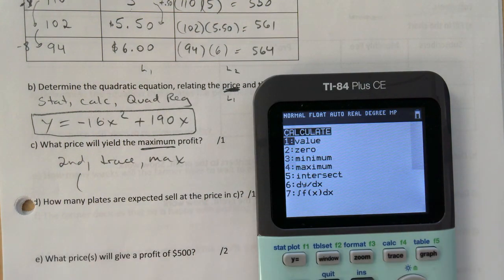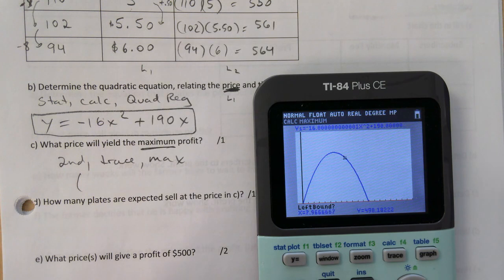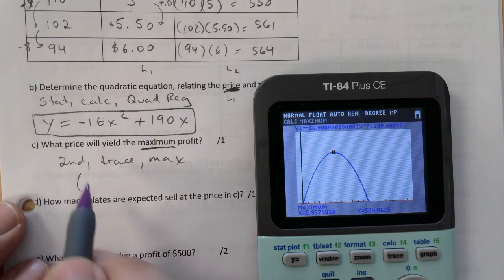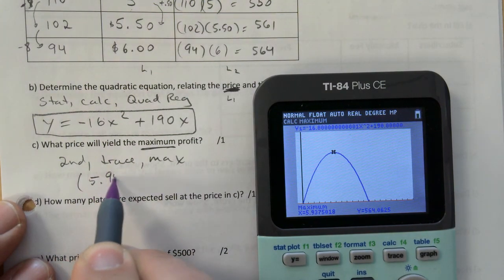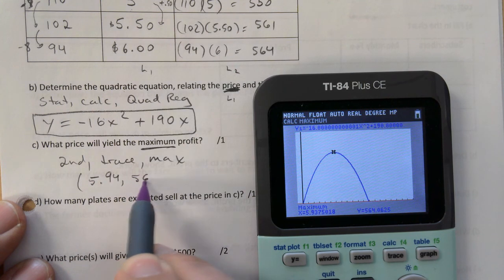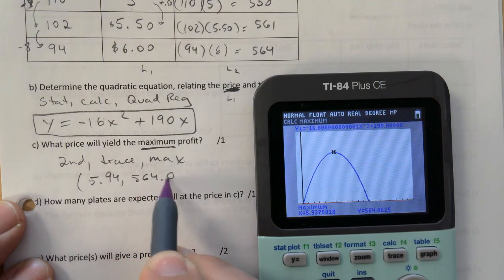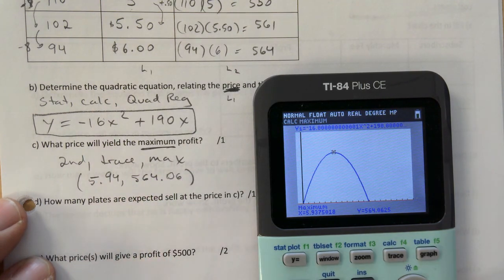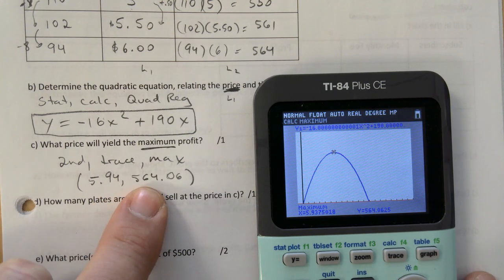So I can trace, and you have 5.94, sorry, and the other one is 564.06. That's my vertex.